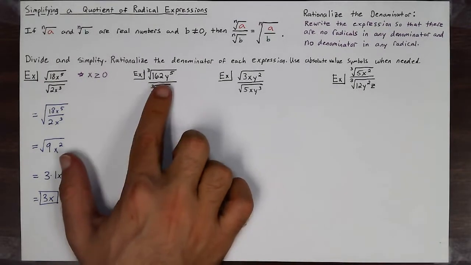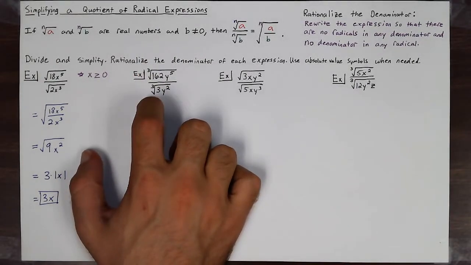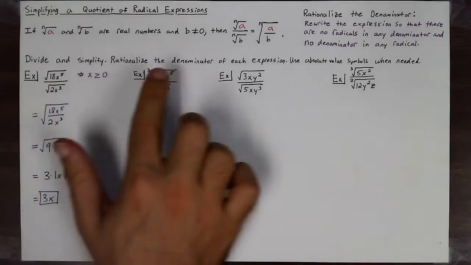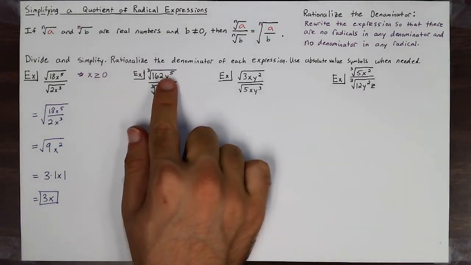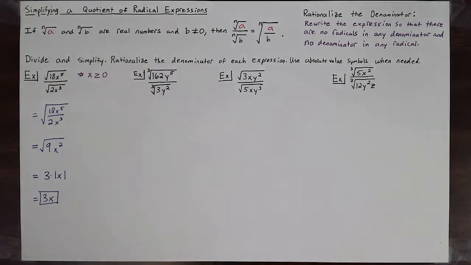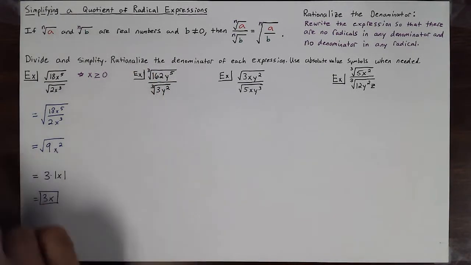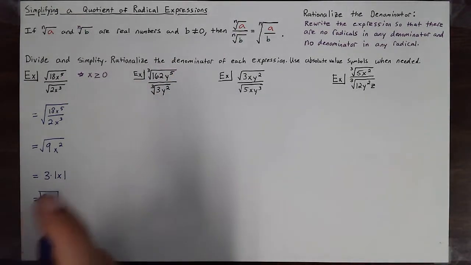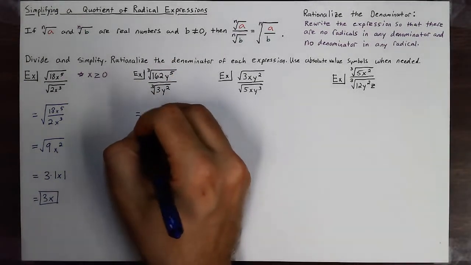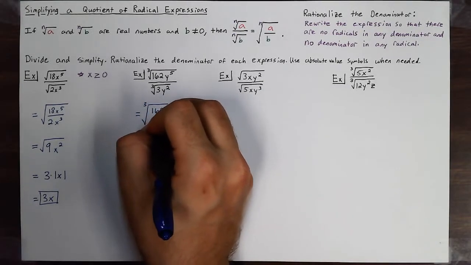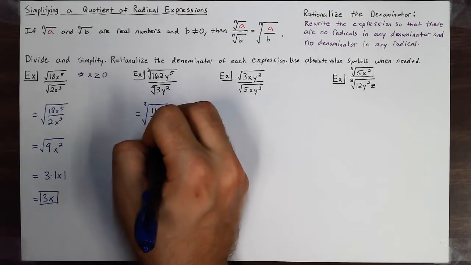For the next example, I'll have cube roots. In this case, I do not need to worry about absolute value, so I'm not going to state that y has to be greater than or equal to 0, because y can be negative, and you can still take the cube root of it. So here they have the same index, so I can combine them into one big cube root, giving me the cube root of 162y to the fifth over 3y squared.